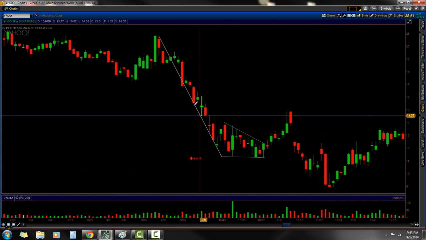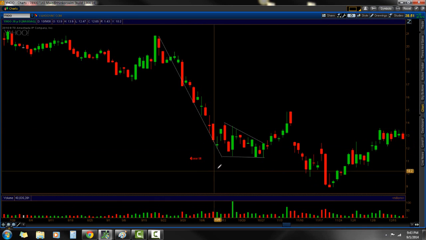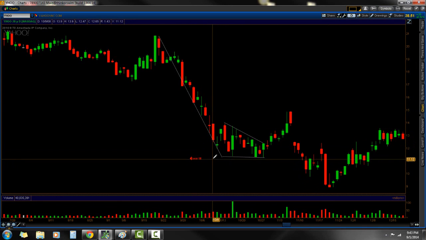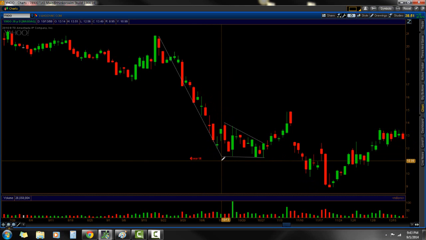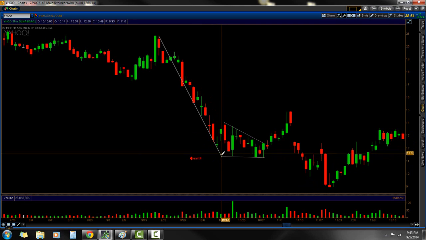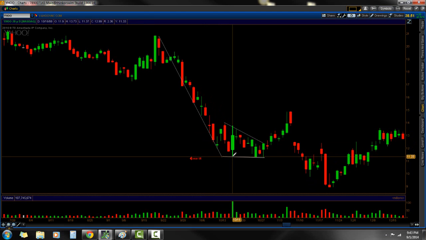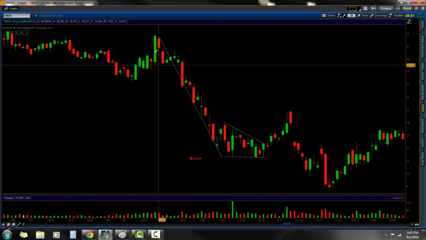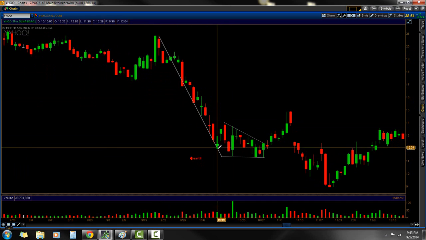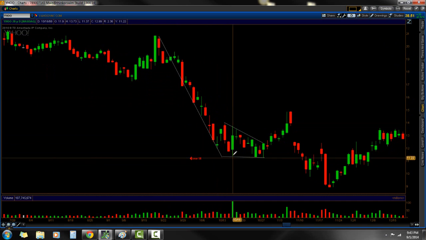Nice pole, price action's hugging real nice, okay? You can put your pole into nothing. You can just leave it here into nothing. You could stop it there. Whatever you want to do. You could pull it in and bring it into here. I like to be artistic, and I'll just leave it into nothing like that.